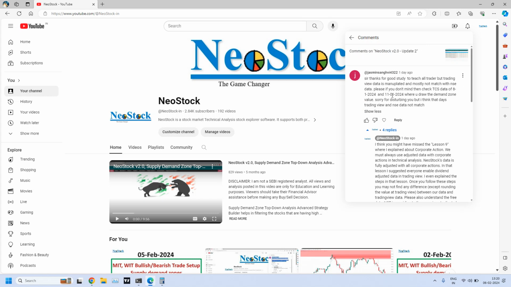If anybody sees these comments, they may also believe what you are saying is correct, and that what NeoStock or TradingView or somebody else provides is wrong data. That is what people will think. You said TradingView data is manipulated. That means NeoStock data is also manipulated. Right?